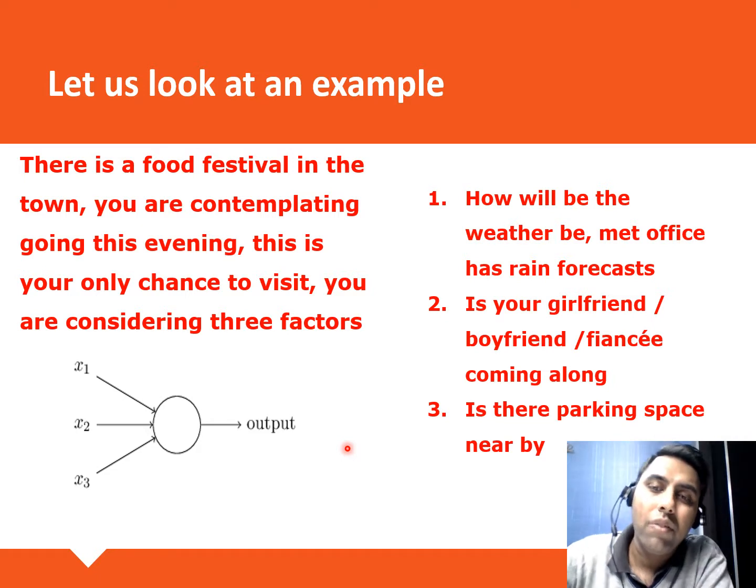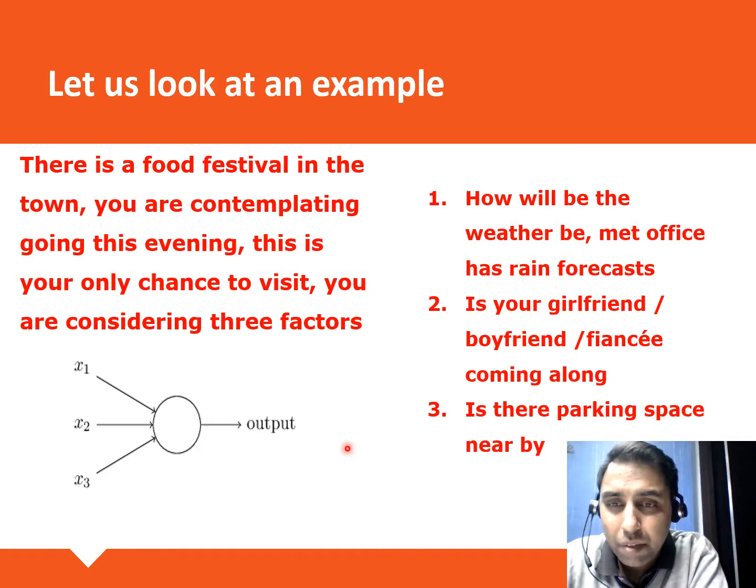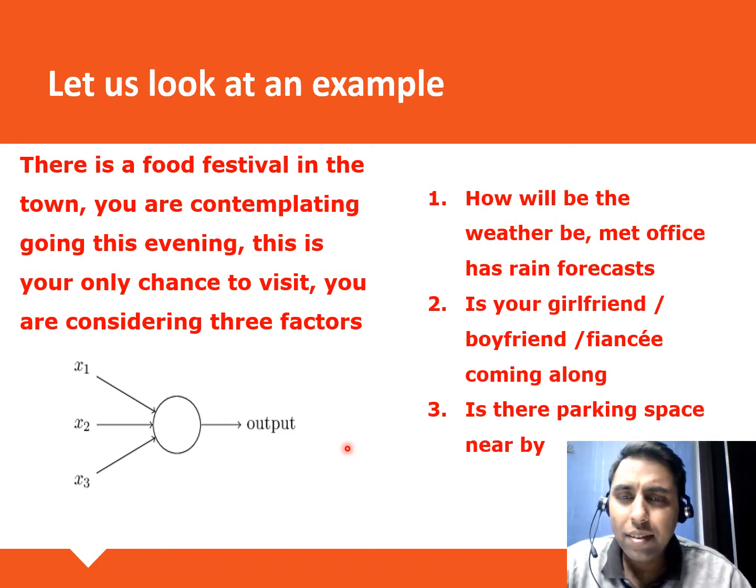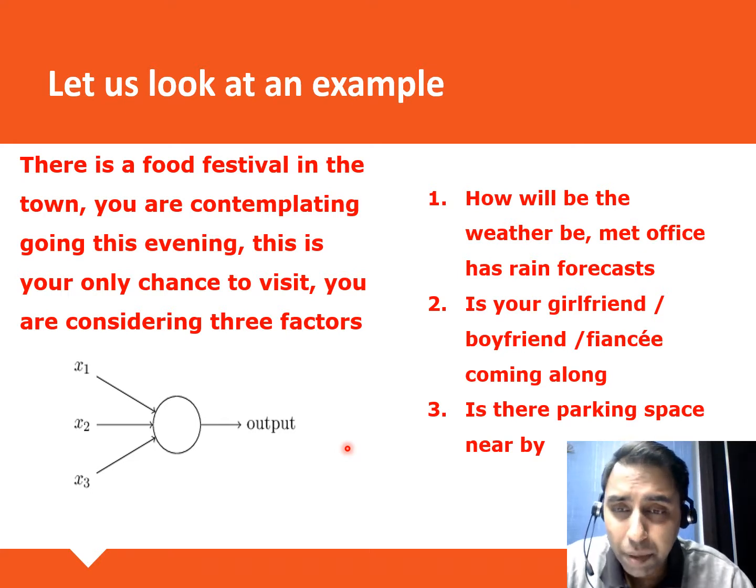The output here will be a binary decision, a yes or no kind of decision. In this case it is whether or not you want to go to the food festival this evening. That is the kind of scenario through which we will try to understand how perceptrons make decisions.